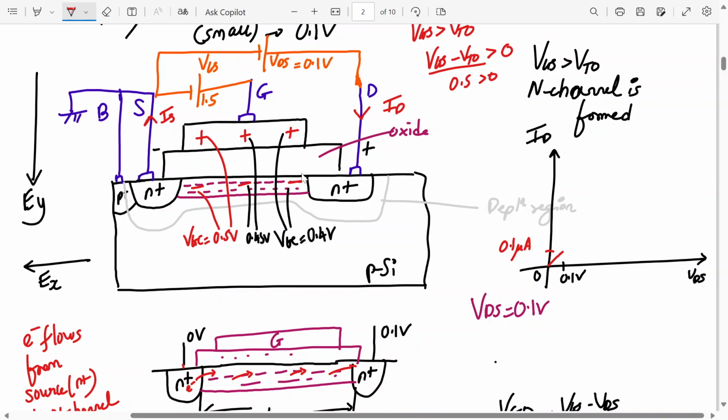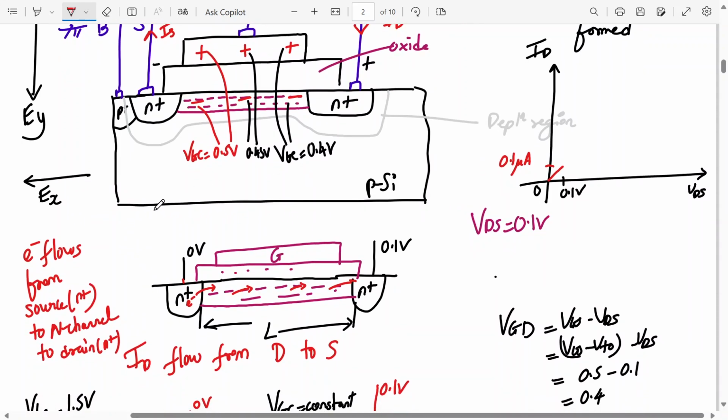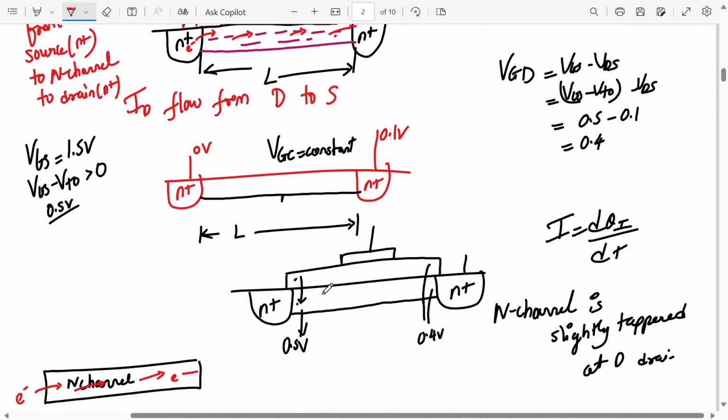Can you tell me? Hello? Yeah? Why is it a straight line? Because still the channel conductivity has more or less not changed.